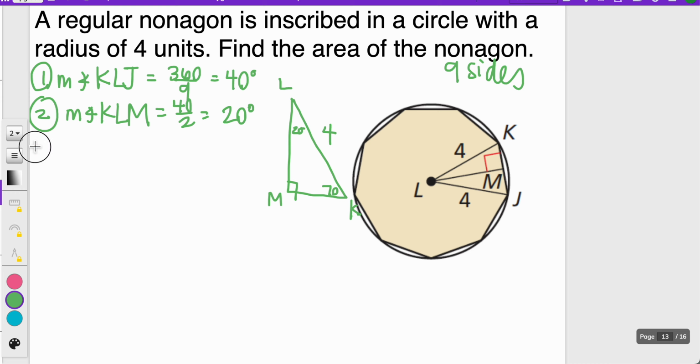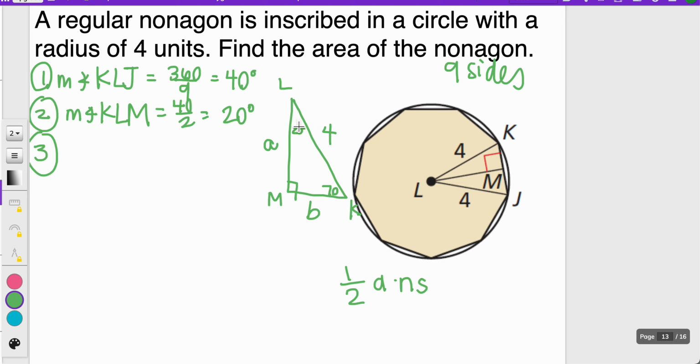Now, step 3: because I want to find the area, I'm trying to use this formula, 1/2 A times N times S, where A is your apothem, which I don't know yet, so I'm going to label it as letter A, from L to M. I don't know my side length, so I'm going to label this as B for now, because that's technically not your full side length of your polygon, it'll just be half of that.